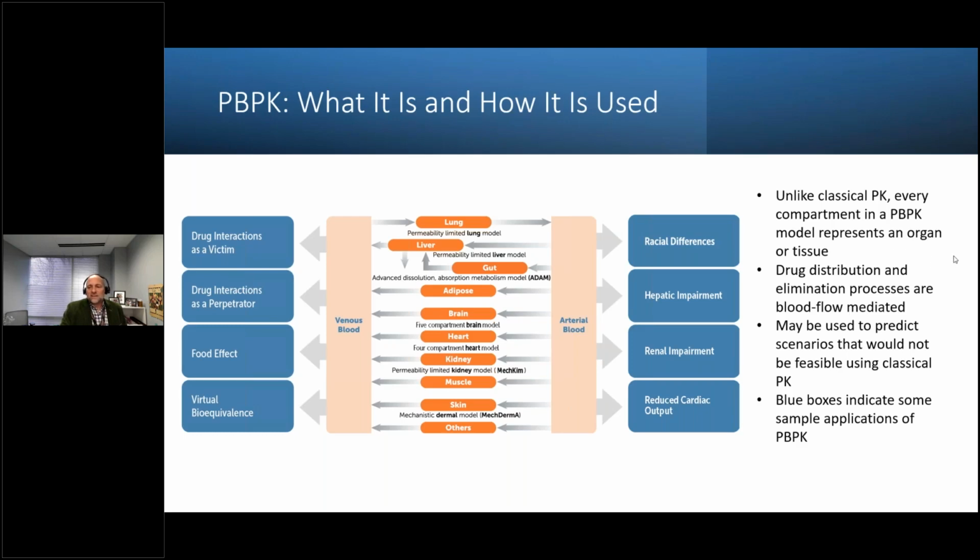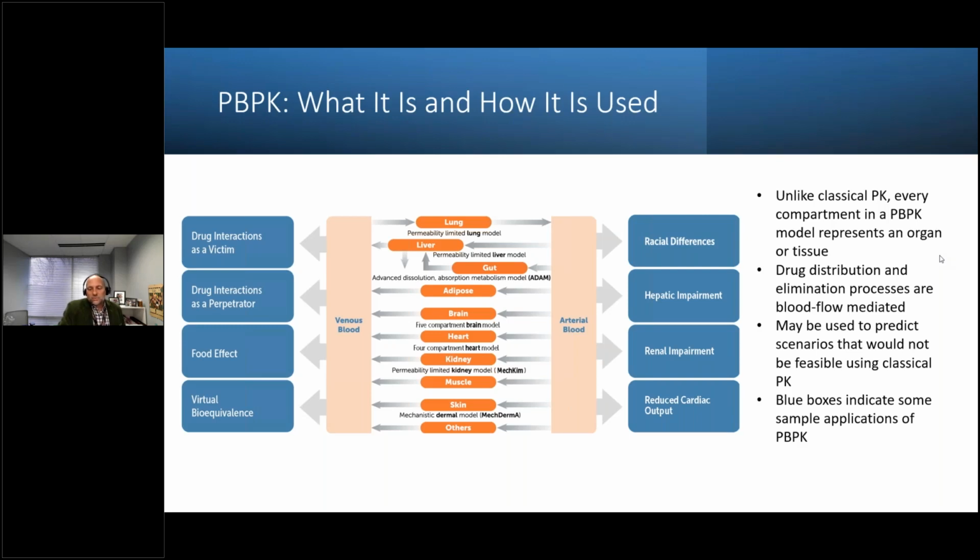That is the case with PBPK. Just about every compartment you have represents an organ or tissue. And then the processes with regard to distribution and elimination are as closely modeled after physiologic processes as feasible. So, for instance, many of the flows are mediated by the blood flow, which makes complete sense.